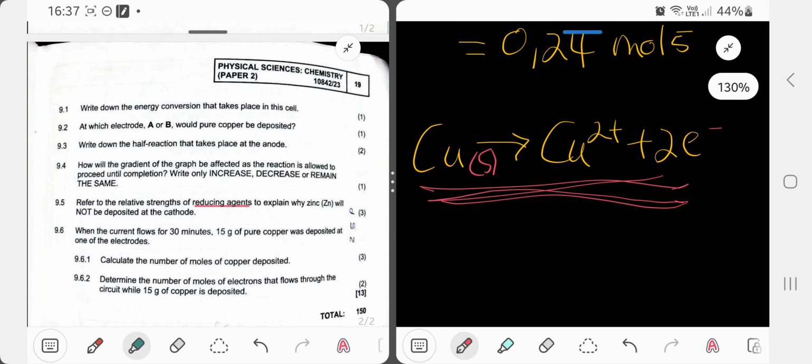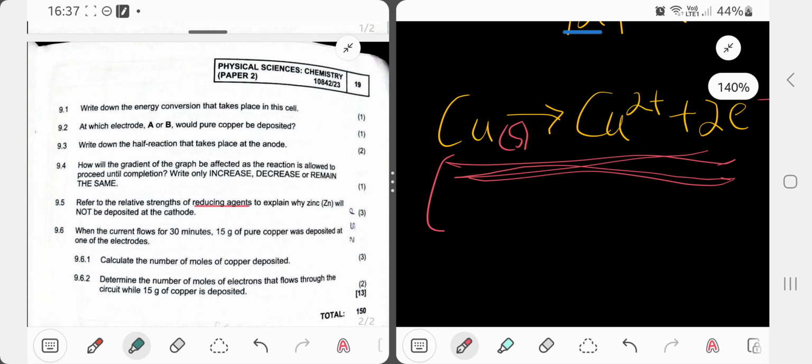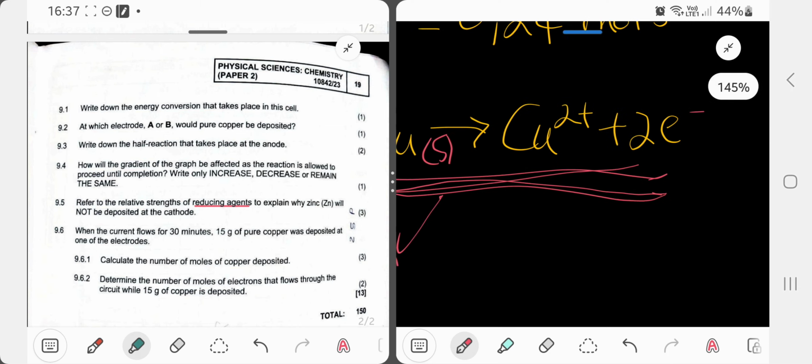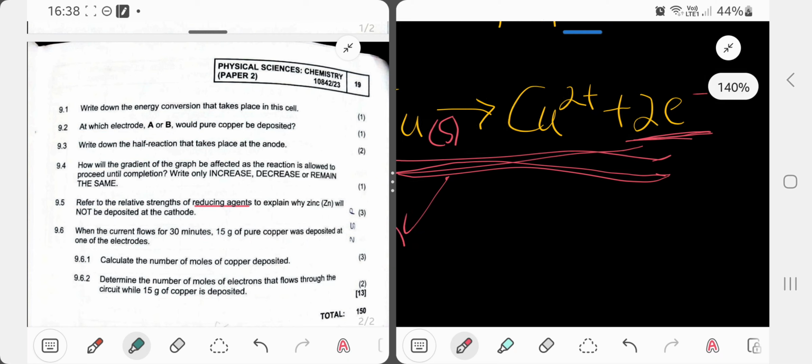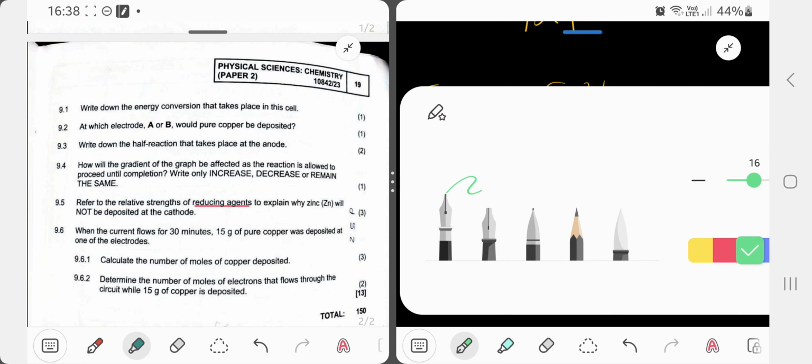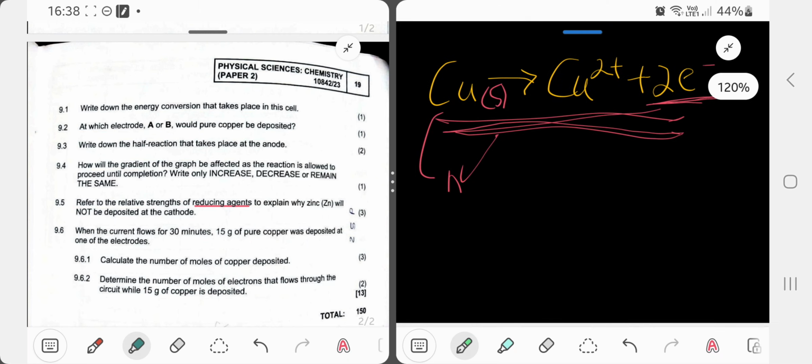We have the number of moles of this guy, check. But they want the number of moles of electrons. So these are the electrons here. This is normal stoichiometry, it's just that they're putting electrons here. So we still have to look out for the molar ratio and all the other stuff.